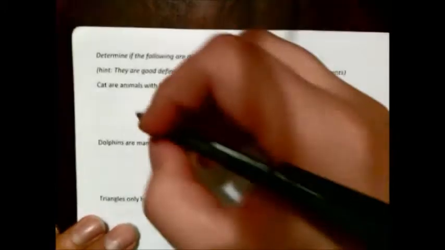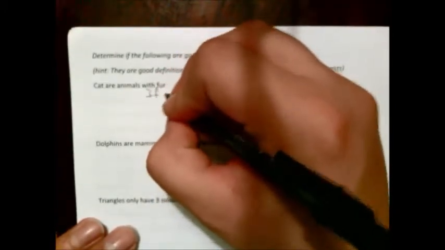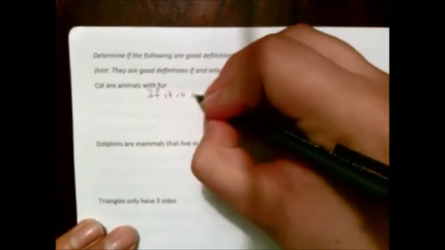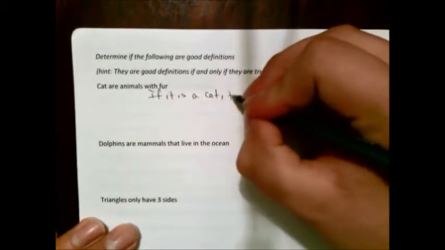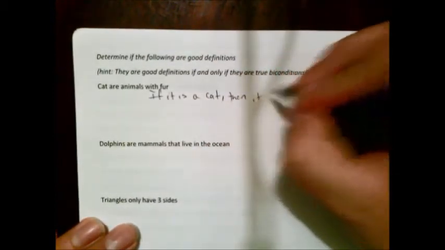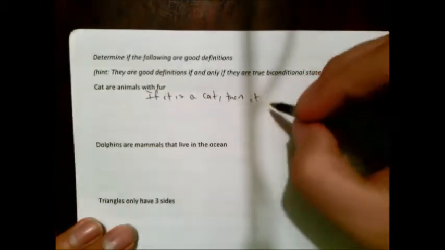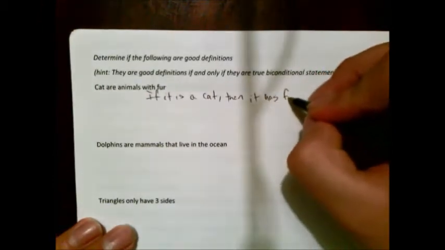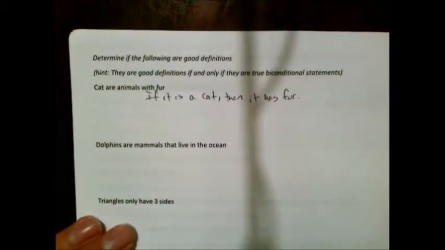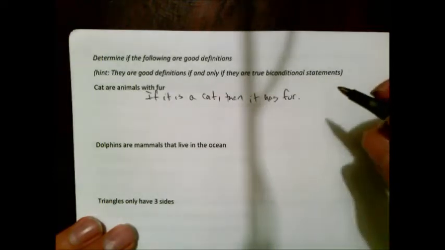Let's say if it is a cat, then it has fur. Let's just pretend that the hairless cats don't exist because they're not real cats. If it is a cat, then it has fur.